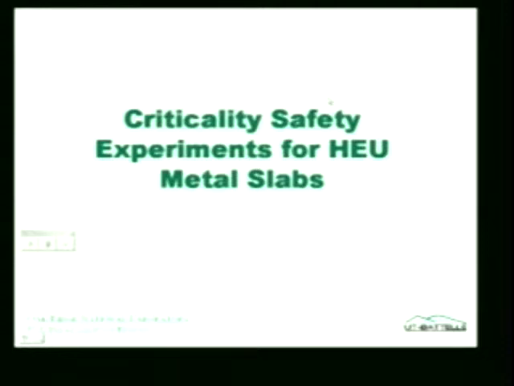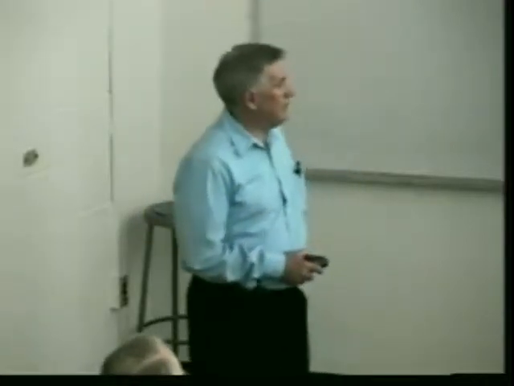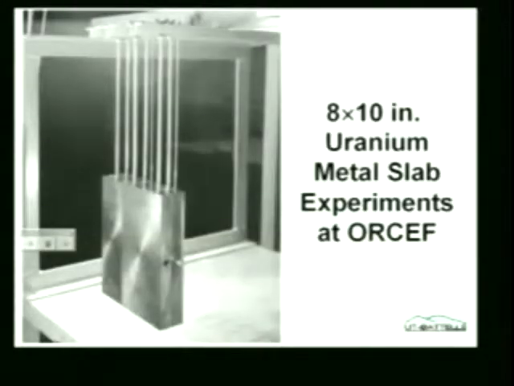Now, we did a lot of experiments in this cell for criticality safety for highly enriched uranium. They first started out with metal slabs. The uranium metal slab, 8 by 10 inch, 1 inch thick, was the standard casting at Y-12. When they first made uranium metal from the material coming from the diffusion plant, they cast it into 8 by 10 inch slabs.